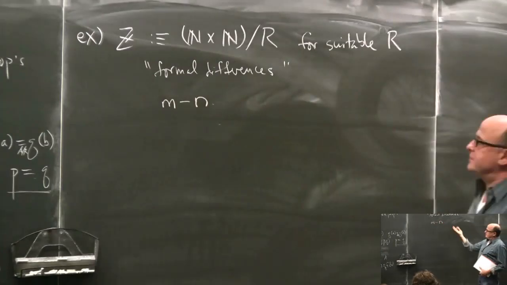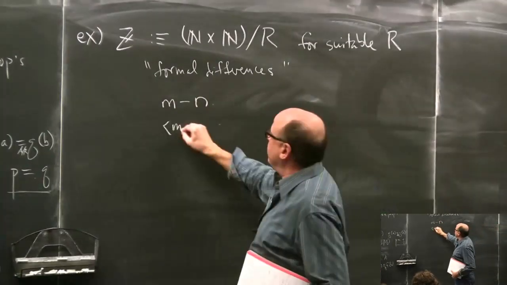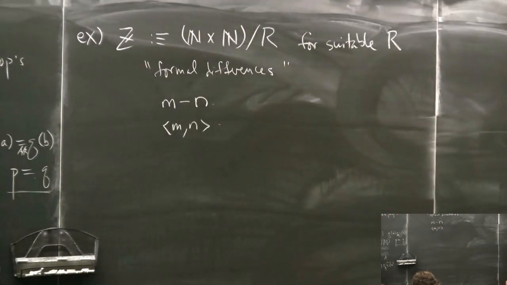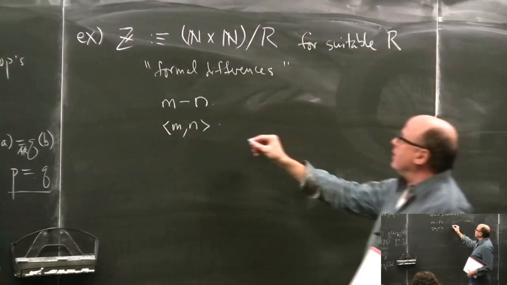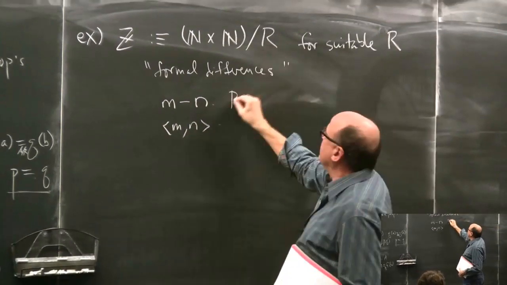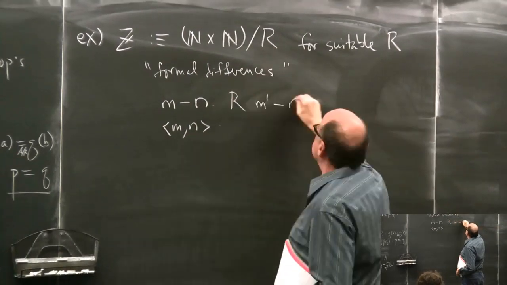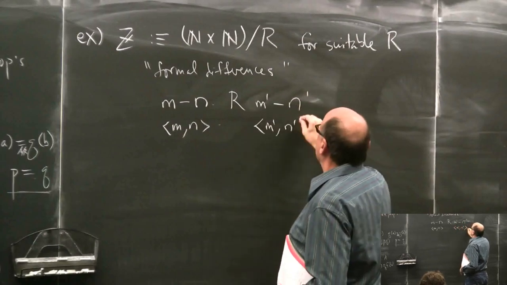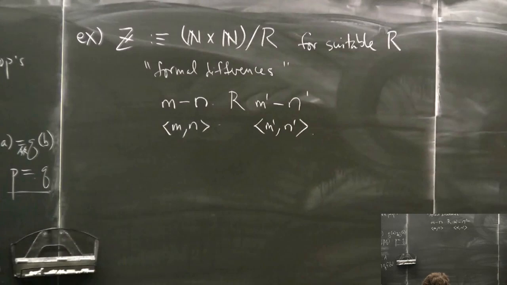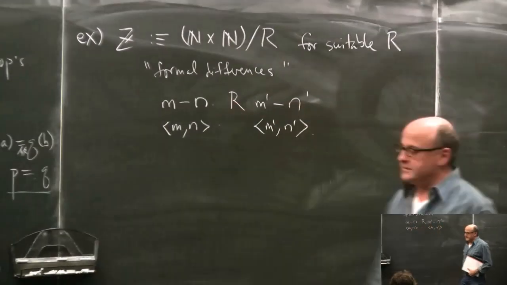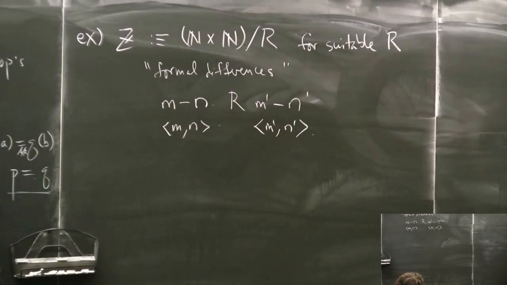It's really the ordered pair, just the pair m, n, but we will write it as a formal difference of m and n. Then you can relate when formal differences are going to be considered equal, which is m' minus n', some other pair m', n'. Two formal differences like that are equal when m plus n' is equal to m' plus n, as natural numbers. That's a standard thing.